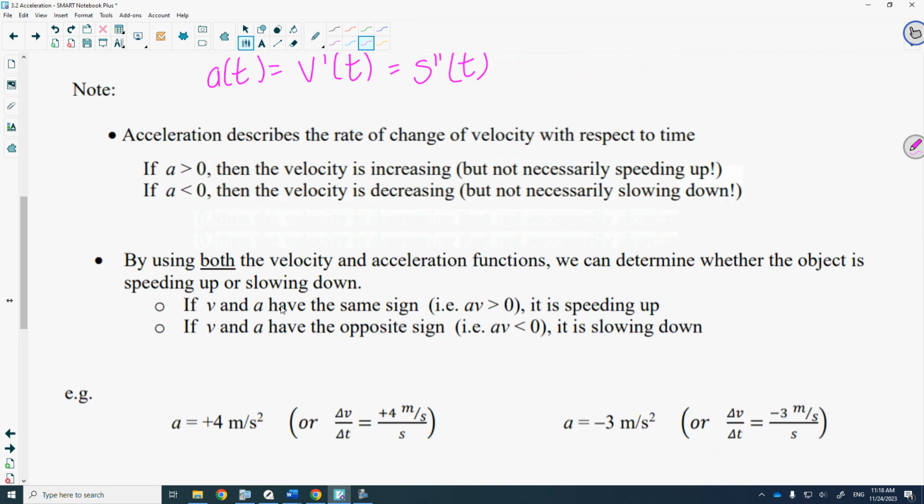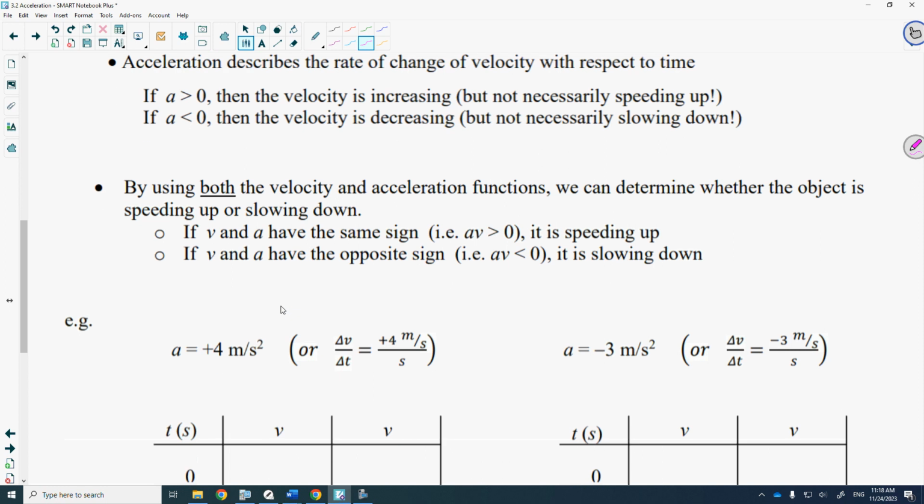What's important with acceleration, and this is what sometimes students have a hard time understanding, is this right here. Looking at velocity and acceleration and figuring out, is an object speeding up or slowing down? If velocity and acceleration have the same sign, so they're either positive and positive, or they're both negatives, the object will be speeding up, because a negative number times a negative number will give you a positive. So a times v is greater than 0.